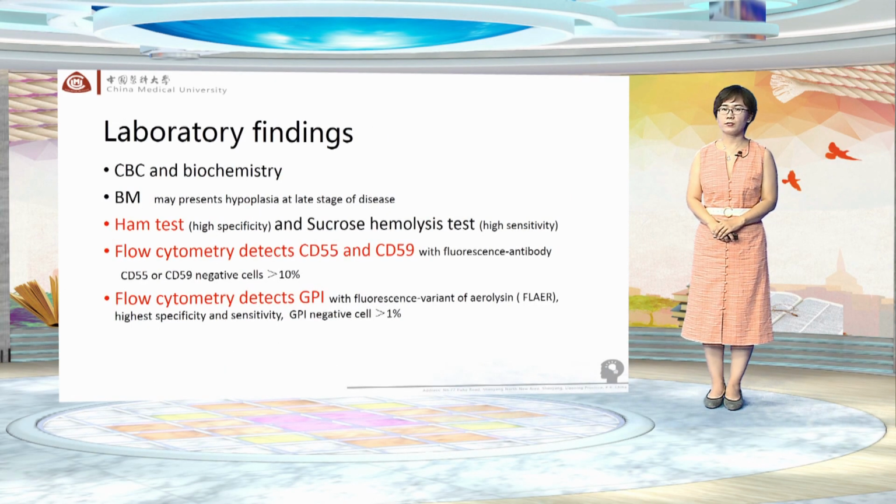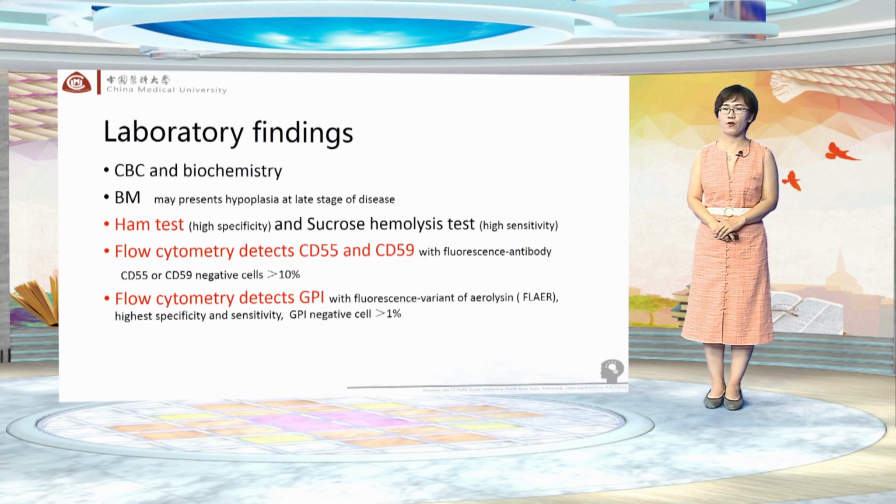Complete blood cell counting and biochemical tests are in accordance with non-antibody mediated intravascular hemolysis. Erythroid is usually hyperplasia, but bone marrow may present hypoplasia at late stage of disease. Ham test has high specificity, and sucrose hemolysis test has high sensitivity.